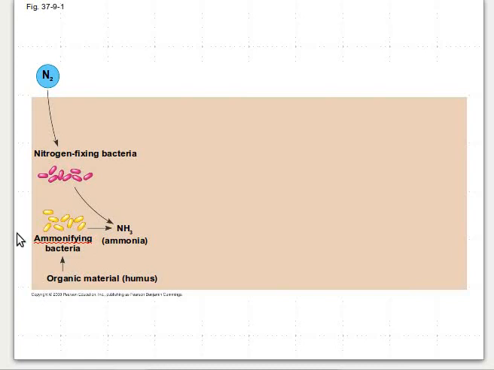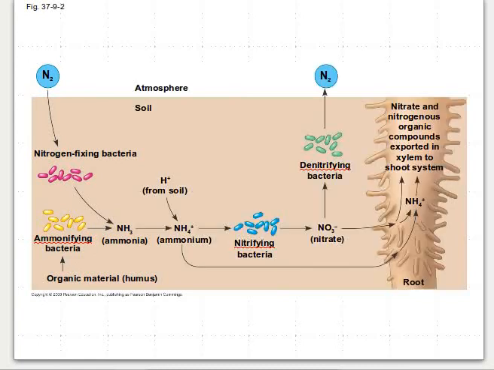So you can get ammonia from the atmosphere through nitrogen-fixing bacteria, or from organic material through ammonifying bacteria. Once you have this ammonia, it converts to ammonium in the soil, and plants can take ammonium up directly, but plants also like nitrate, and so nitrifying bacteria will take in this ammonium, and out comes nitrate, and so the plants will use that nitrate as well. And you can actually lose nitrogen from your soil. There's another class of bacteria, denitrifying bacteria.